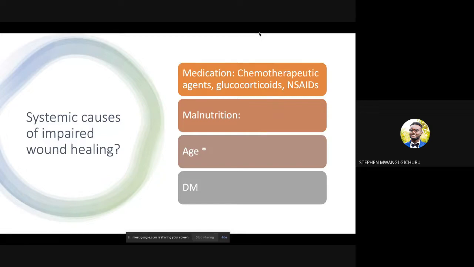Glucocorticoids also affect wound healing, and that is if it's systemic. There are some people who will want you to put a corticosteroid cream on top of a wound, and you'll actually see this a lot. Does anyone know how corticosteroids impair wound healing?